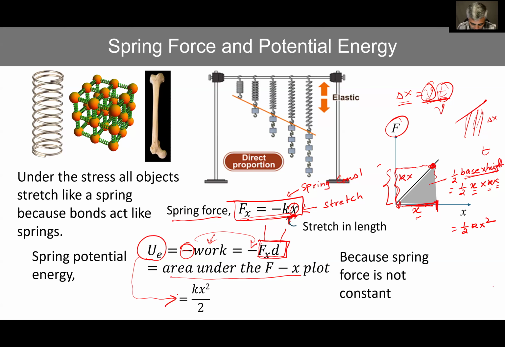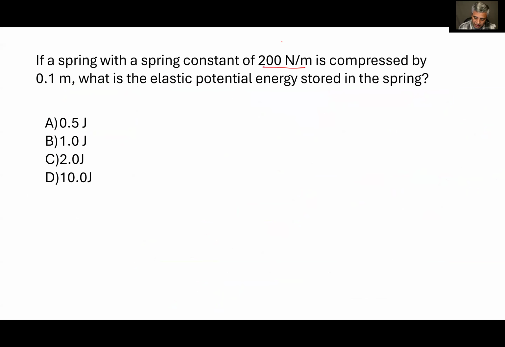Elastic potential energy turns out to be always positive based on this equation. K is always positive. X can be positive or negative, but when we square positive or negative, it is just positive. So that's why it's always going to be positive. Okay. So that's the elastic potential energy. A typical spring can have a spring constant something like this.